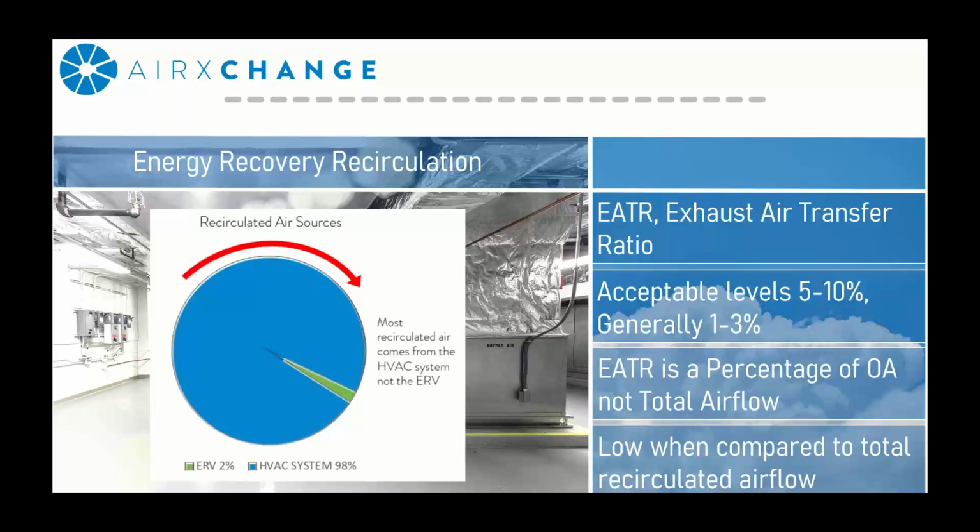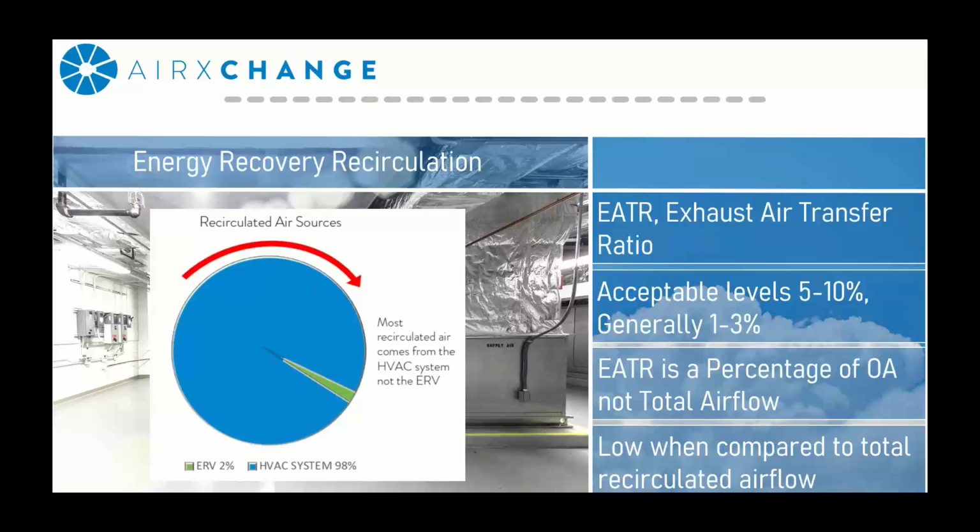Per the ventilation standard, you're allowed to recirculate a certain percentage of air. It really depends on the class of air that you're exhausting. The two percentages that are specified within the ventilation standard are 5 to 10%, depending upon the class of air. However, if you look at most modern designs, the recirculation rates are usually below that. They're usually somewhere in the 1 to 3% area.